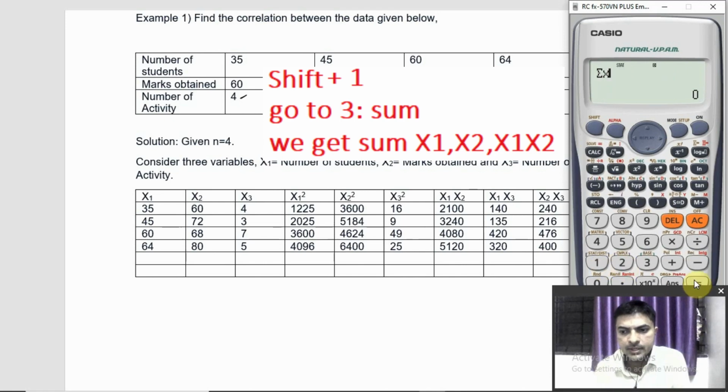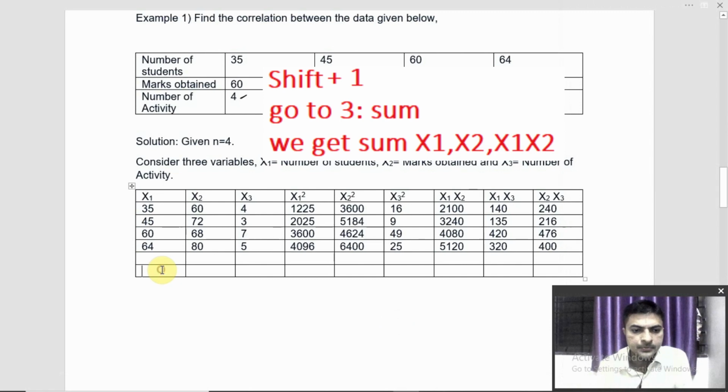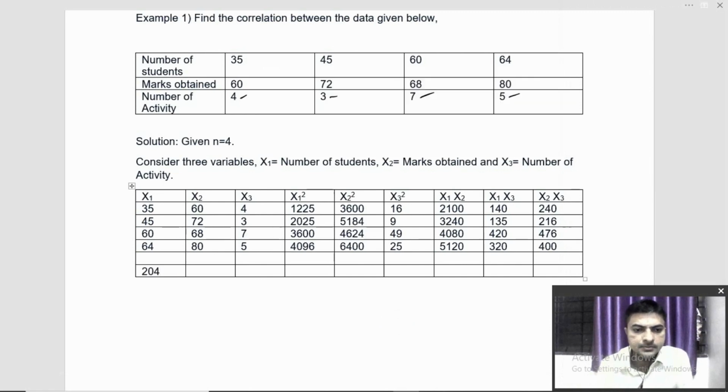So here what we get, yes, please remember, you take it down. It is very perfectly addition, very perfectly square, very perfectly multiplication is done. We take this value directly, don't keep on adding every time, don't waste your time students. Okay, use this calculator. So this is 204, so we'll take here 204 directly.